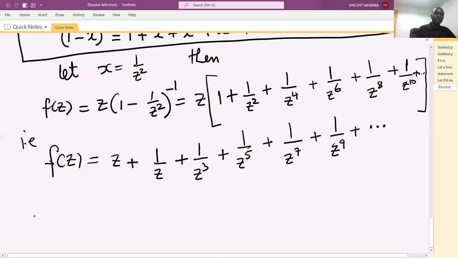So this implies the coefficient of 1/z is 1.